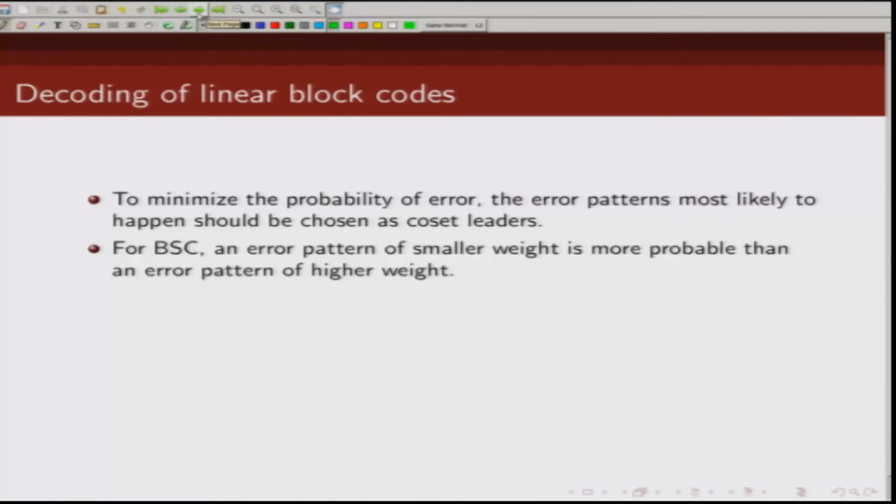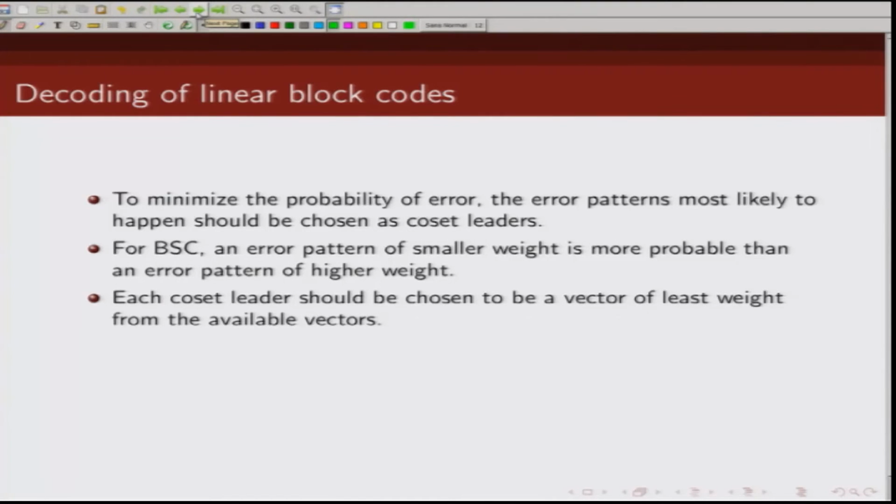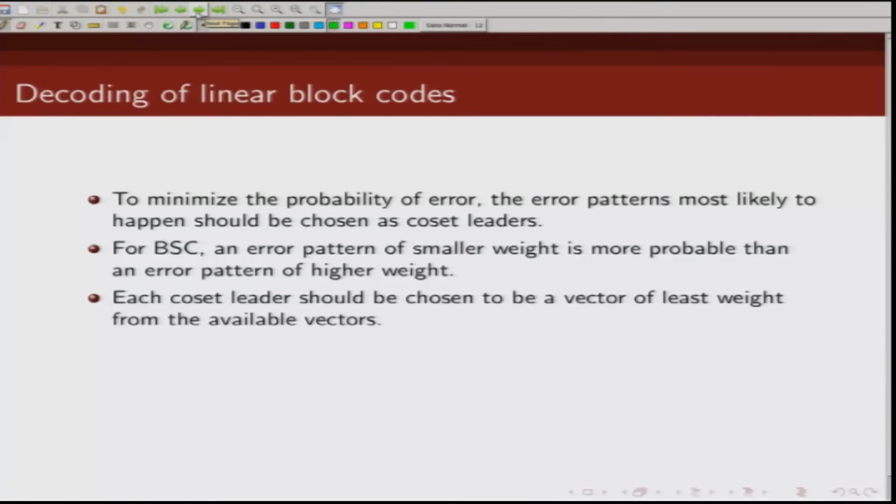If we run out of them, we go to Hamming weight 2, 3, and so on, because they are more likely error patterns. We have shown that for a binary symmetric channel, error patterns with smaller weights are more likely than error patterns with larger Hamming weight. So, among a coset, we should choose the element which has the smallest weight as our coset leader.